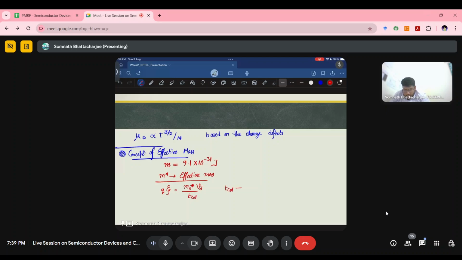Here t collision is the mean collision time, vd is the drift velocity, and mn star is the effective mass. From this we can derive the value of mobility, that is q times t collision divided by mn star. So this is how we get the value of this effective mass.